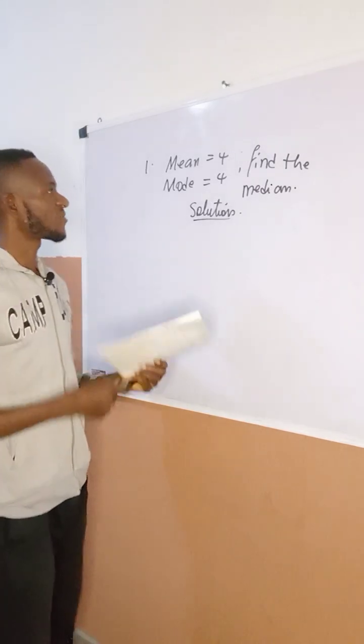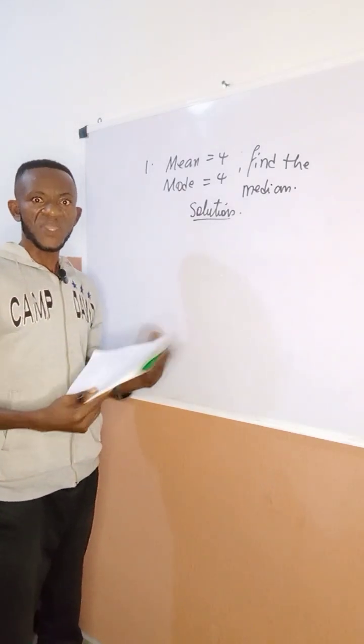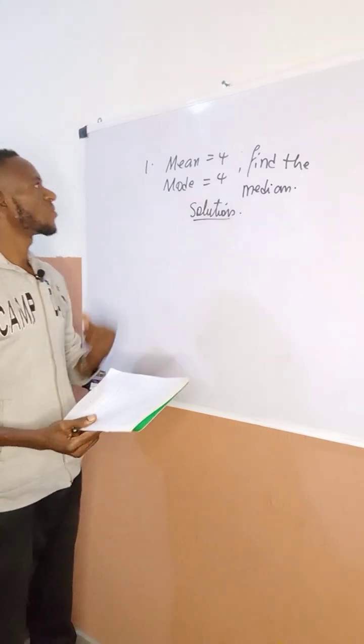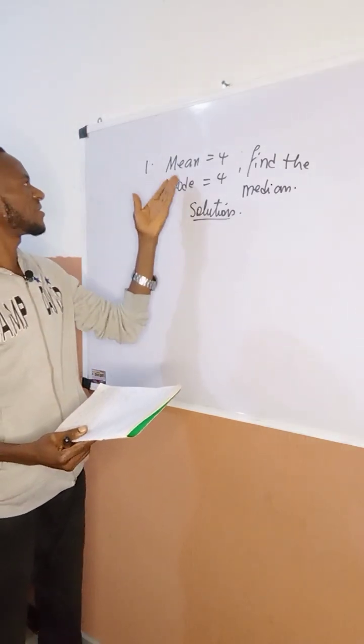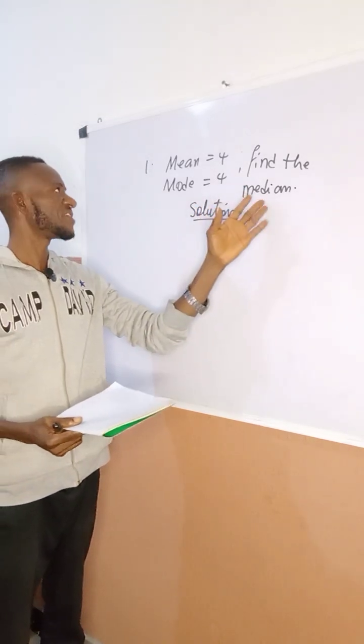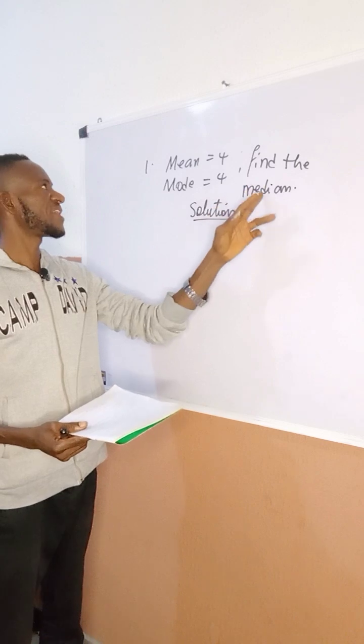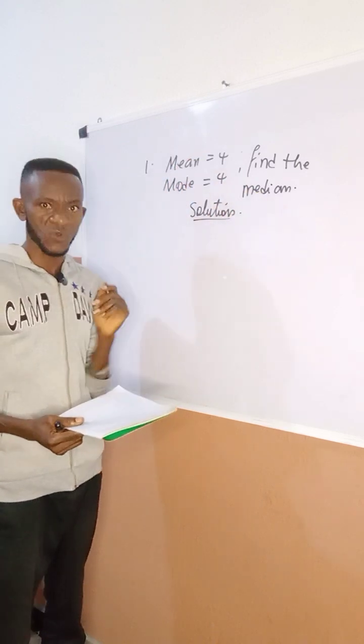What we can understand from this question is that we can have occasions where someone is given the mean and the mode and asked to find the median, or you are given the median and the mode and asked to find the mean, or you are given the median and the mean and asked to find the mode.